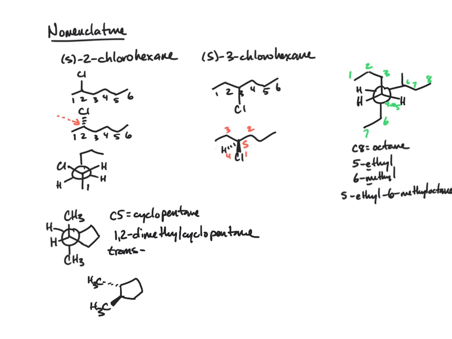It'd be 4. The reason it's 4 is because this molecule has a rotational axis. So you can spin that, and those methyl groups essentially are the same thing. So 180-degree rotational axis is called C2 symmetry, and that ends up being pretty important in nature.